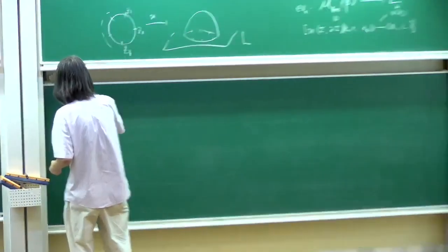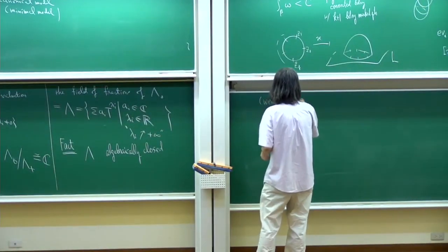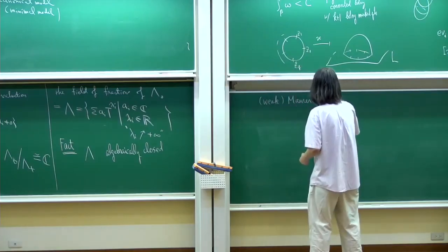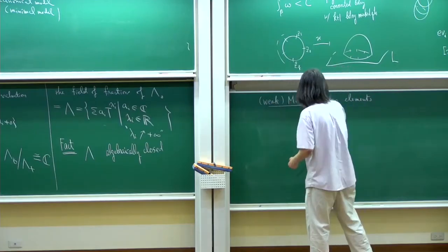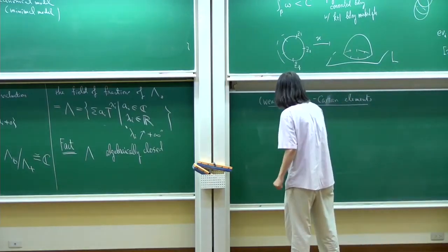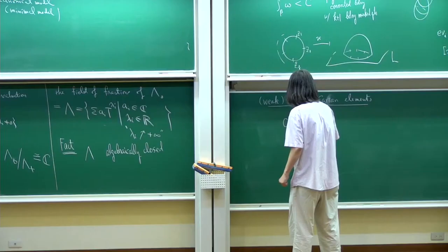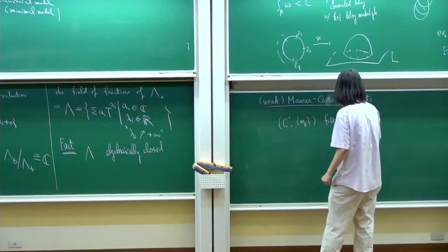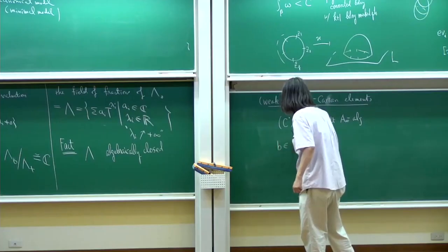And then next I want to recall the notion of weak Maurer-Cartan element. This is just algebra. So let's consider C dot with these M_k, a filtered infinity algebra, and take b from here.